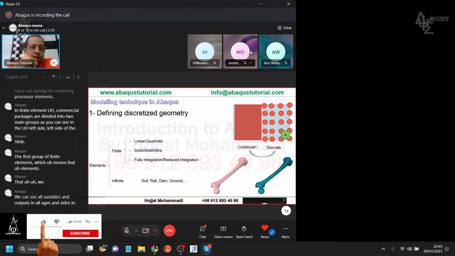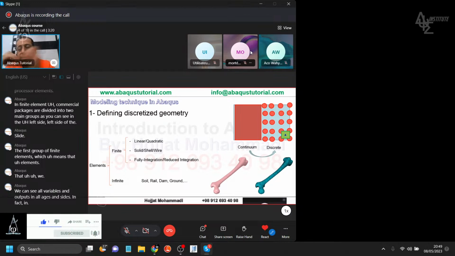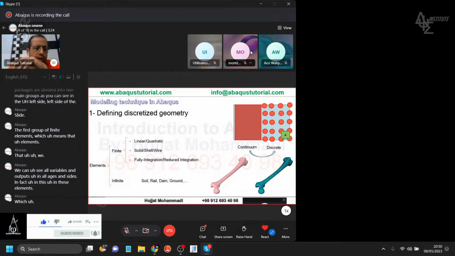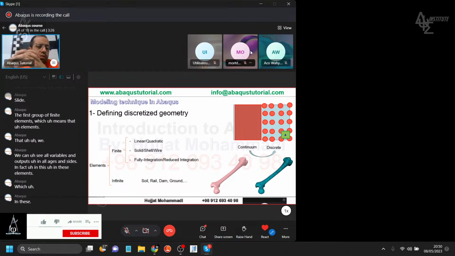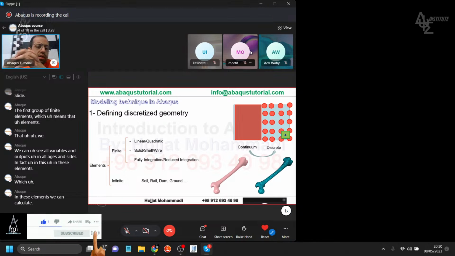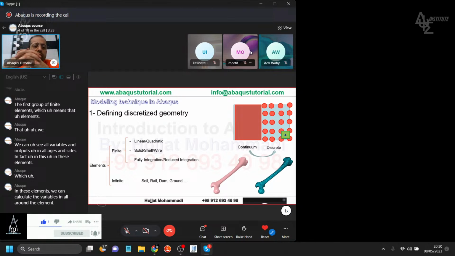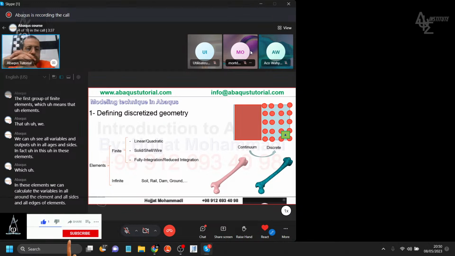In fact, in these elements, we can calculate the variables all around the element, and all sides and all edges of elements are accessible for the software.